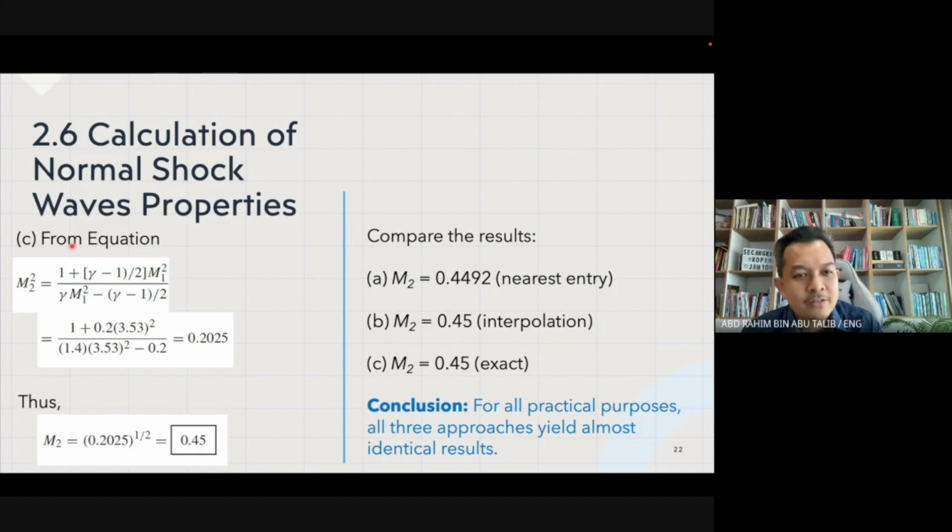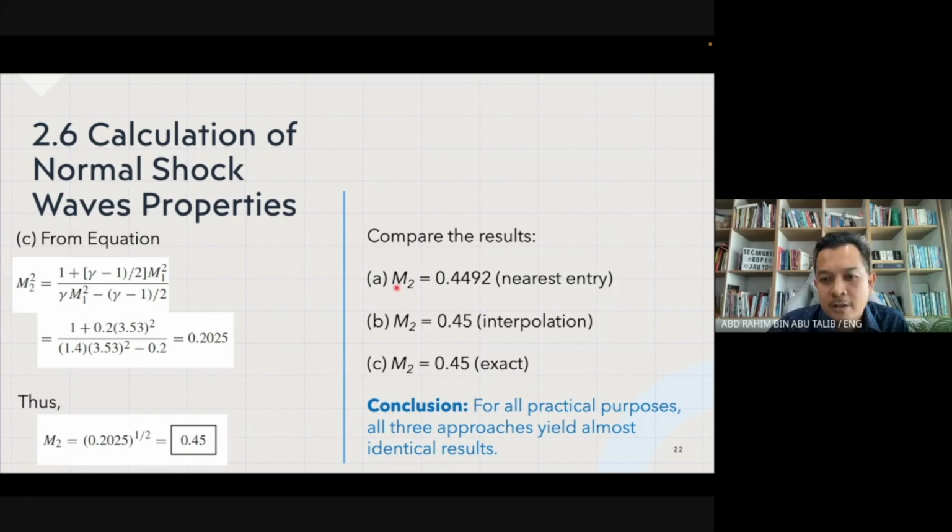Using the equation, so we know already for the normal shock wave situation, you can also use this equation, where we can find M2 equal to 0.45.